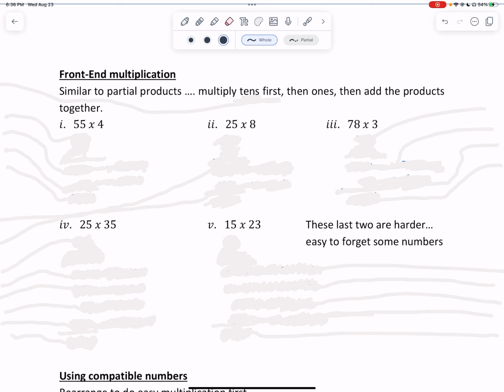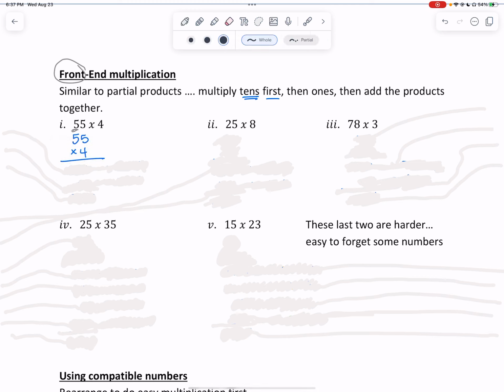The key is we're going to do our tens first. That's why it's called front end, right? The front end of this is my tens. So we're going to do the tens first, then the ones, then add them up.